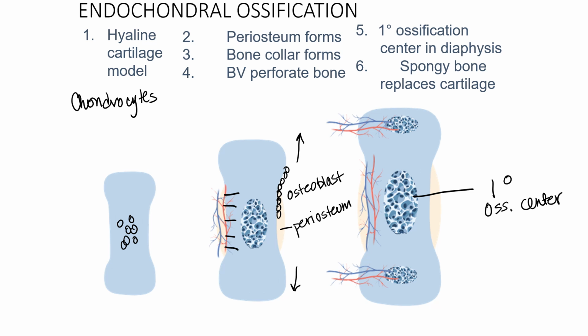Slowly, the osteoblasts replace the cartilage of the diaphysis with bone. This primary ossification center will ultimately be dug out by osteoclasts and turn into the medullary cavity, which will then fill in with adipose connective tissue of bone marrow.